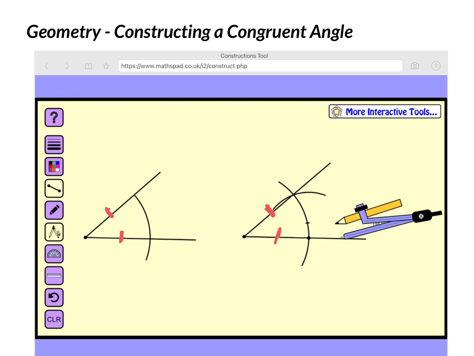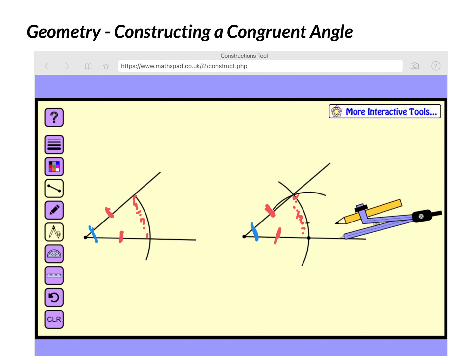And in that, we've now created almost like a triangle where these lengths are also in common because we used our compass to ensure that those arcs were the same. So we've created two triangles that are exactly the same, and if those triangles are the same, then so are the angles inside them. So we have constructed a congruent angle.